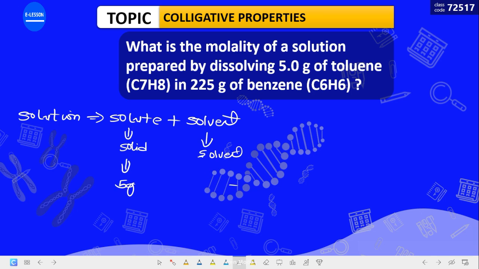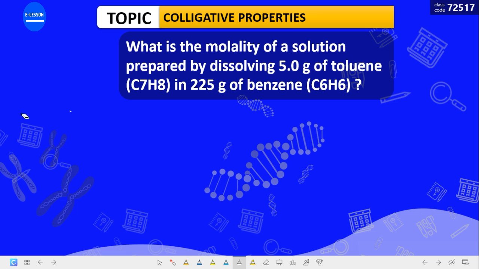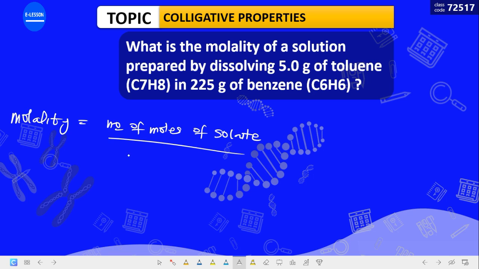Now, let us try and solve this particular question. What is molality? Molality is equal to the number of moles of solute all over the mass of solvent in kilogram.